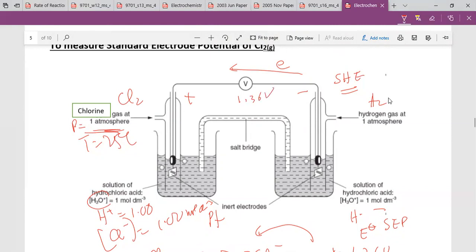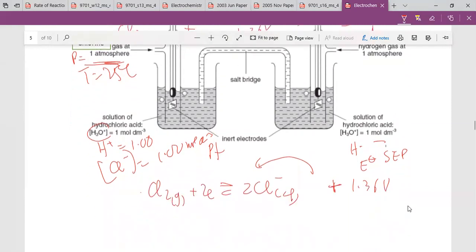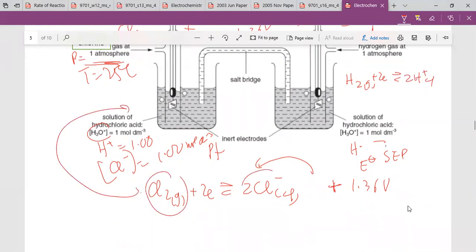Remember, inside here there are 2 systems. It's H2 gas plus 2 electrons, reversible, 2H plus. Because there are two systems, which one is undergoing reduction and which one oxidation?